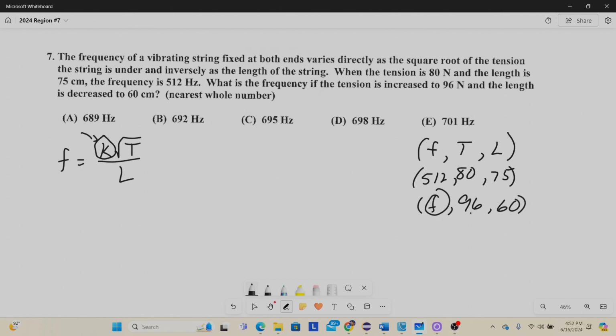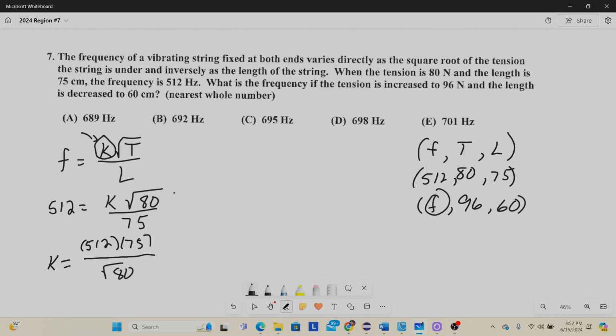So first we're going to use the full point to solve for k. So when the frequency is 512, the tension is 80, the length of the string is 75. Solving for k, we'll get k is equal to 512 times 75 divided by the square root of 80.